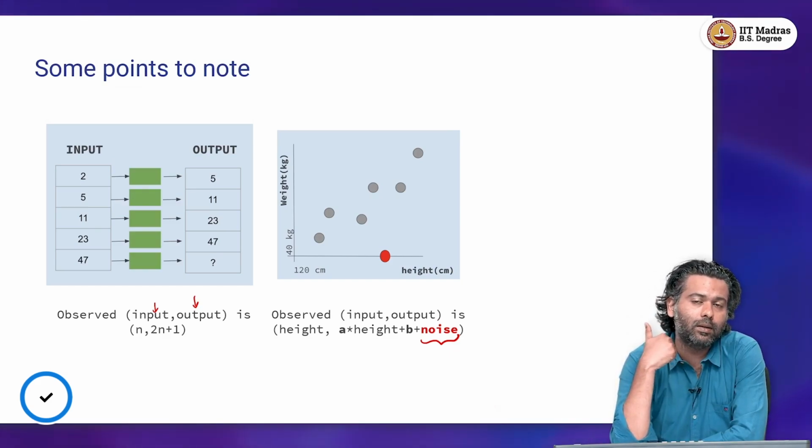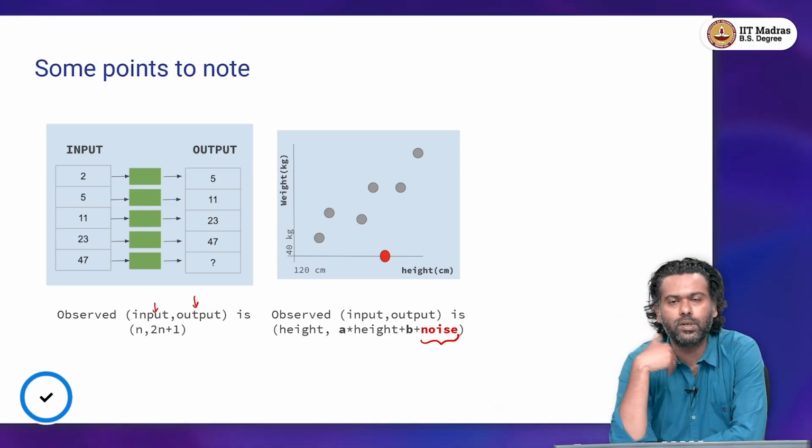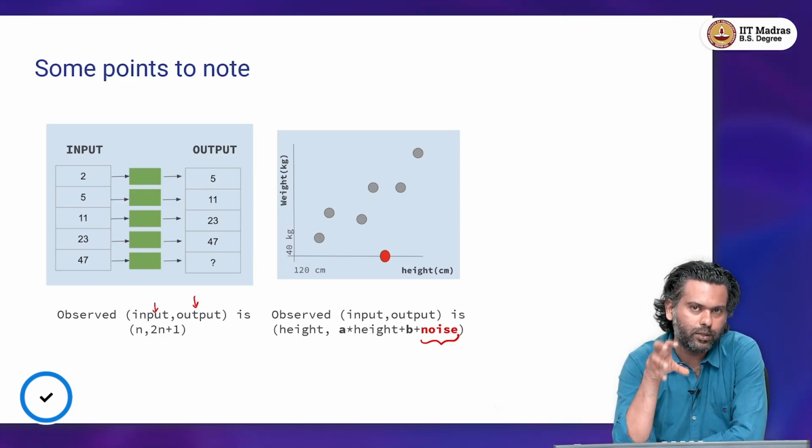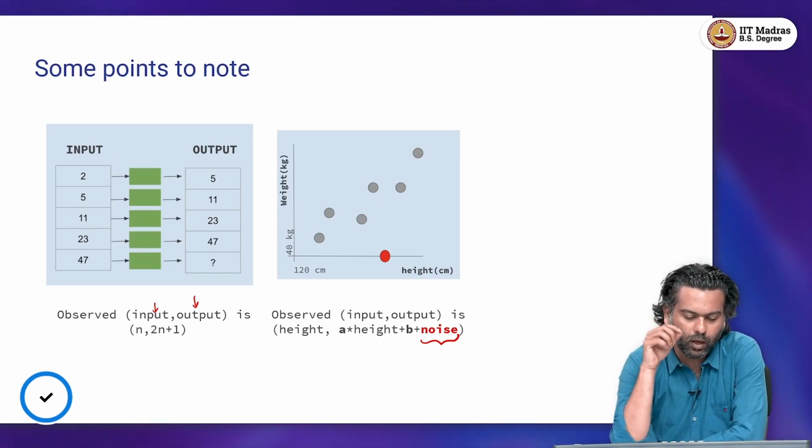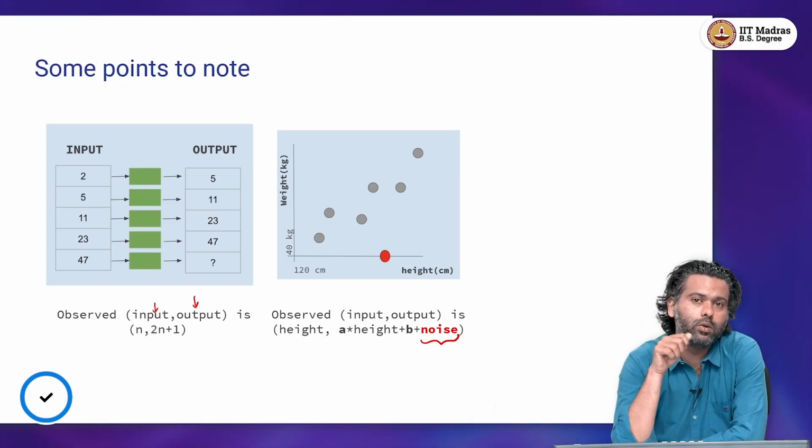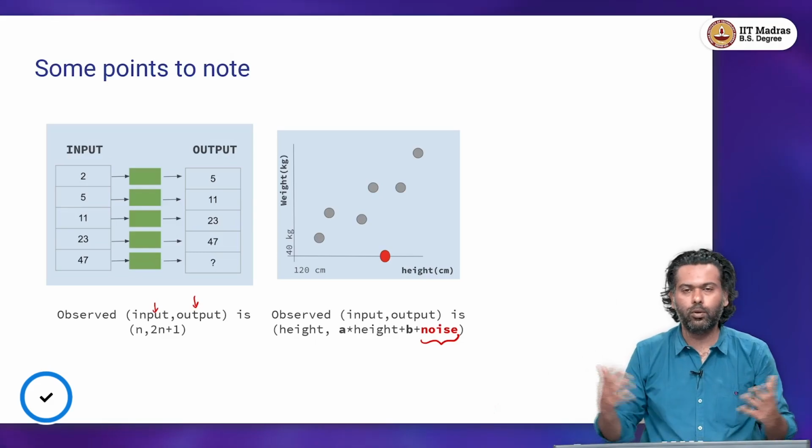And as people who are trying to deal with data and use data to make predictions, we need to be aware of this noise, right. So, we also always have to think about how to come up with hypotheses that take noise into account, and we will talk about noise in detail much later.